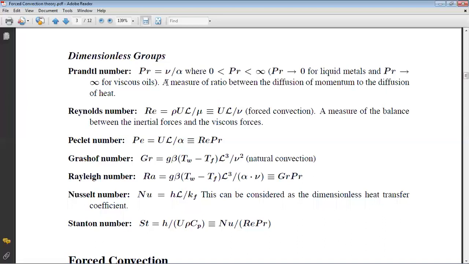In the case of equations that you come across in order to find the Nusselt number, the Nusselt number will be of this form: some constant into the product of Grashof number and Prandtl number to some powers.